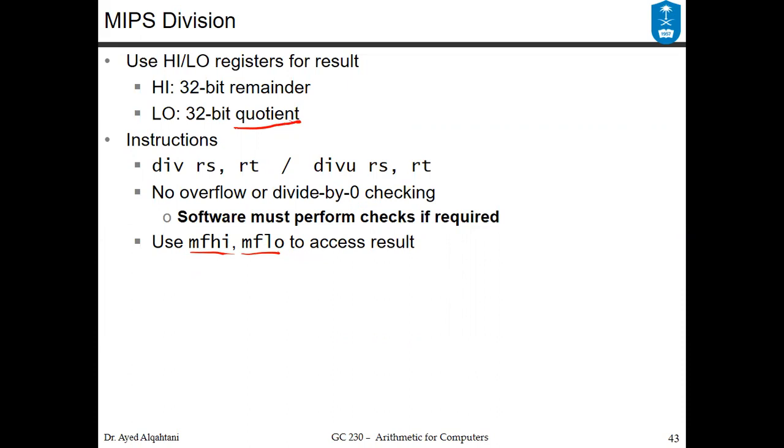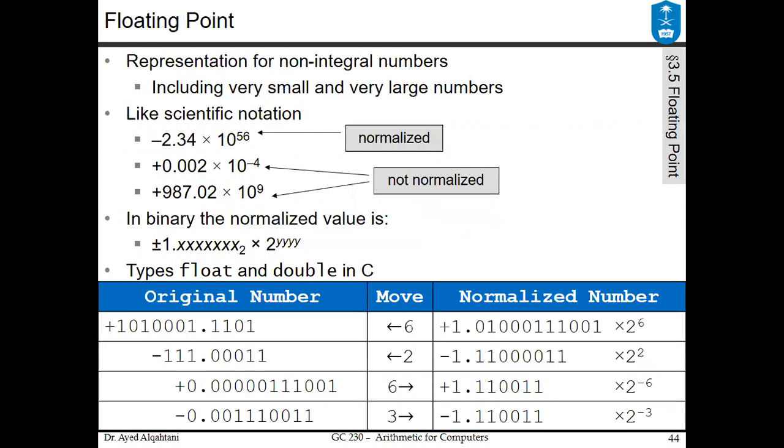Now, at this point, we finished the first part. We said in this chapter, we will focus on the arithmetics as the first major point, and now we finished it. And the second part would be the floating point representation for the non-integral number.